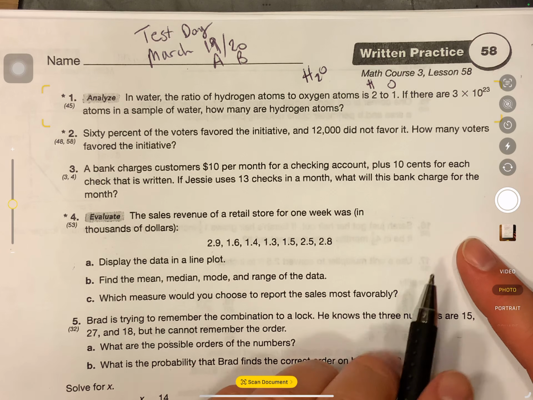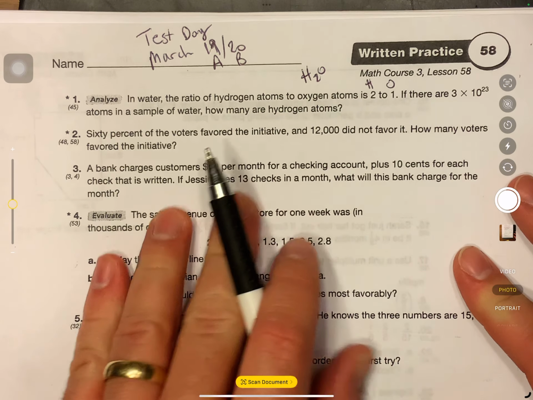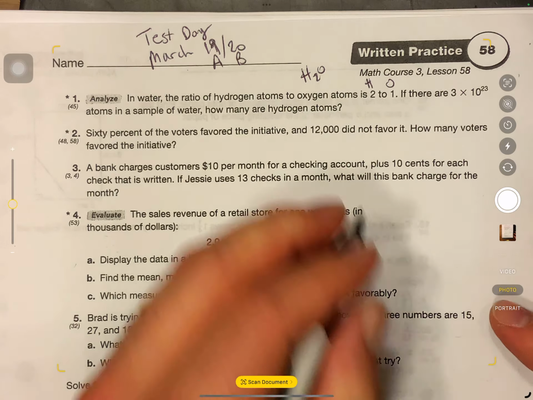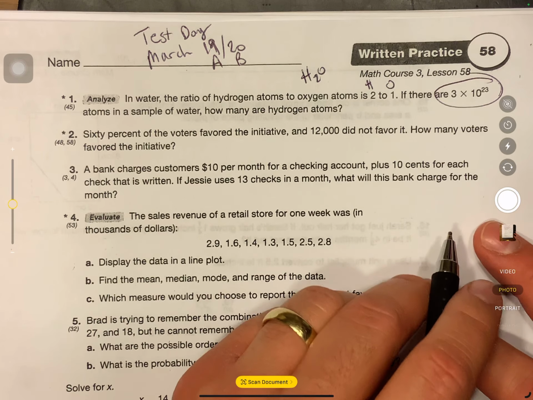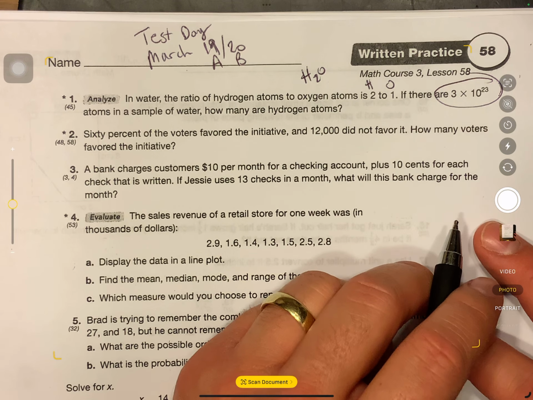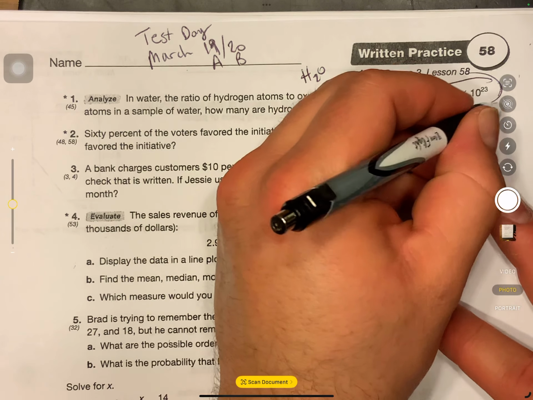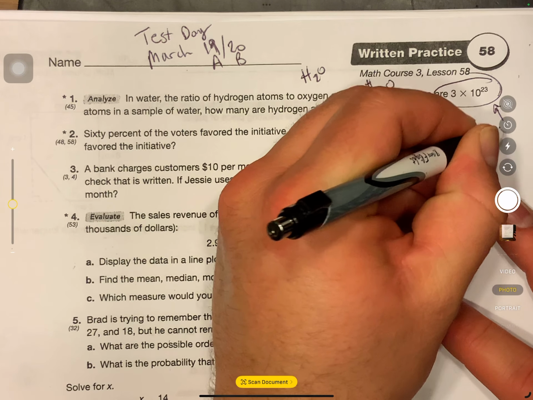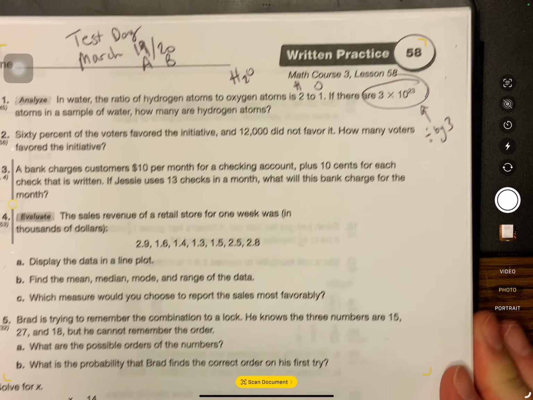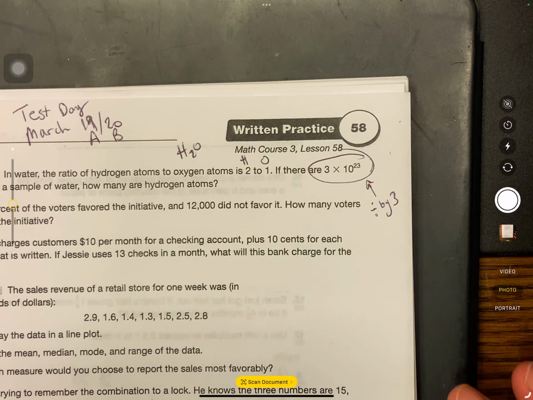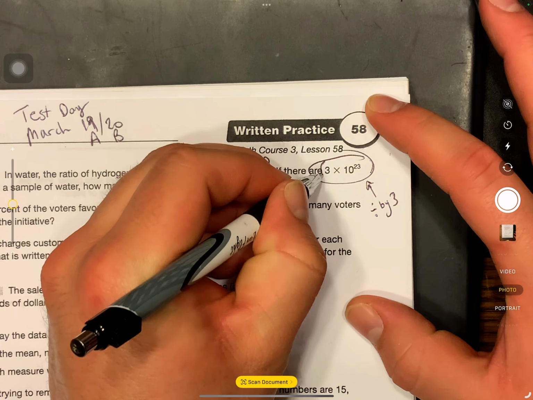Well, you're going to take this number and you're going to divide it by 3. And once you divide this by 3, okay? That big number. And in your calculator, just put this in parentheses.